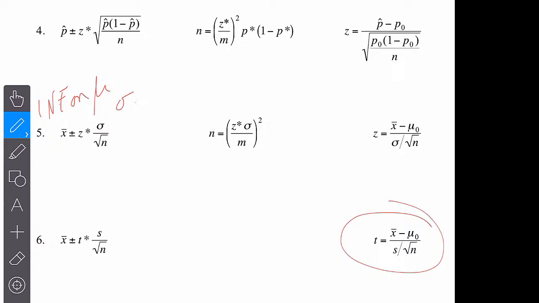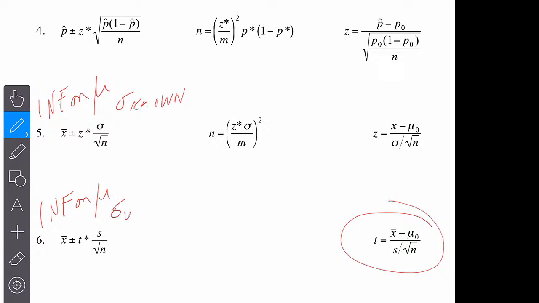I'll just write sigma known. So you don't know mu, but you do know sigma here for these formulas. You see, because you use it in the formulas. If you don't know what these formulas are, go back through the videos to learn.